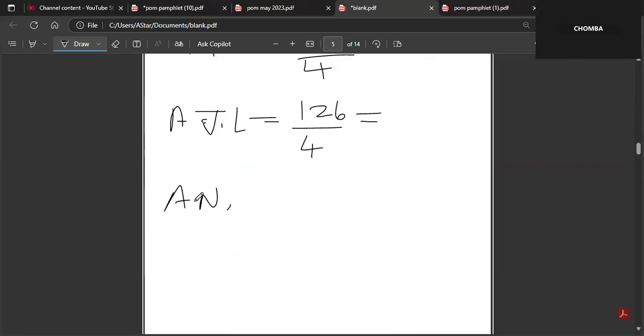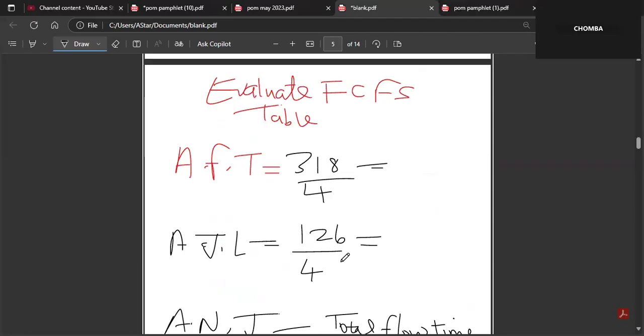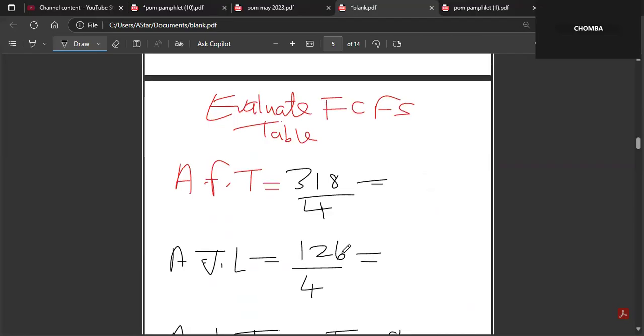Yes, I'm getting you. So average number of jobs in system, I'm just using the short abbreviation. You look at the total flow time over total processing time. So let's find it. The total flow time over total processing time.